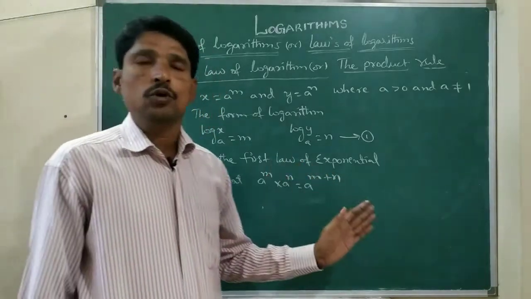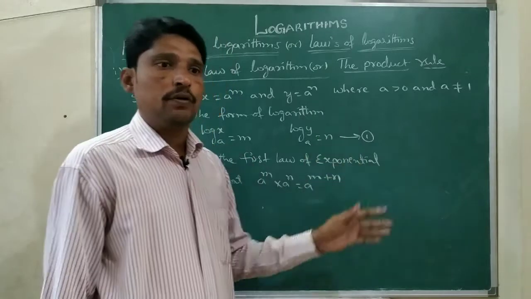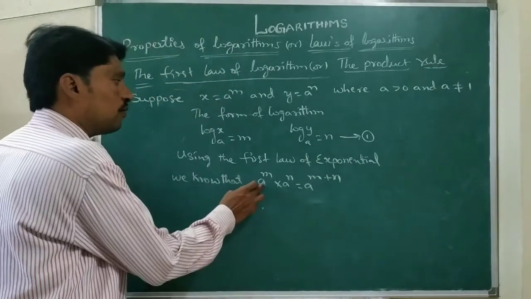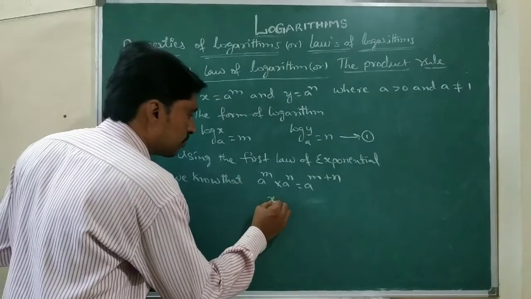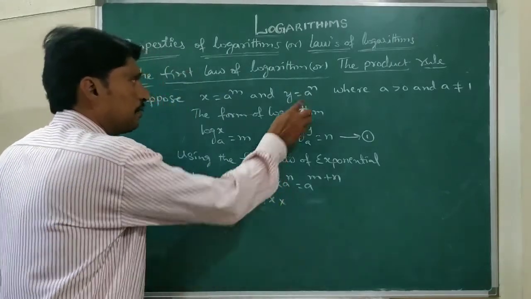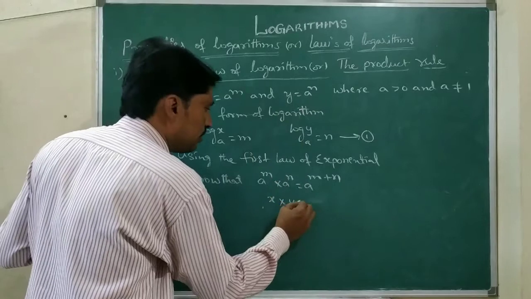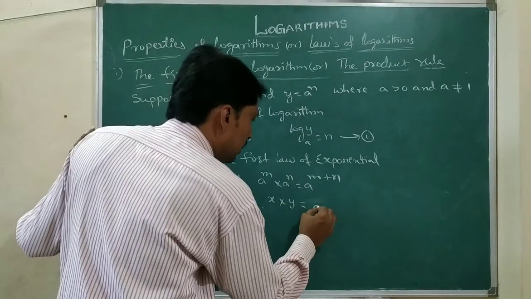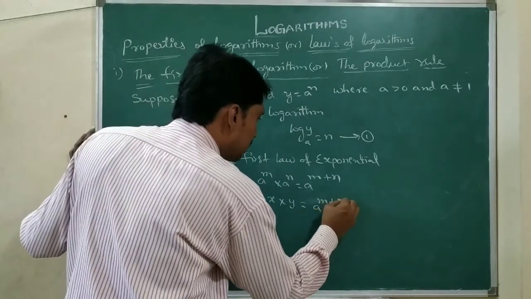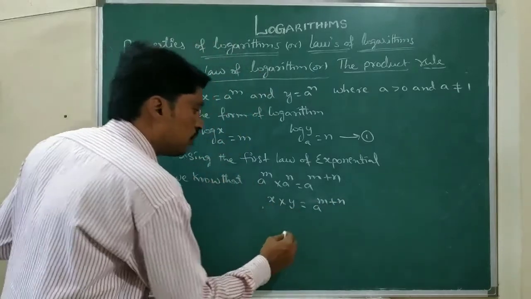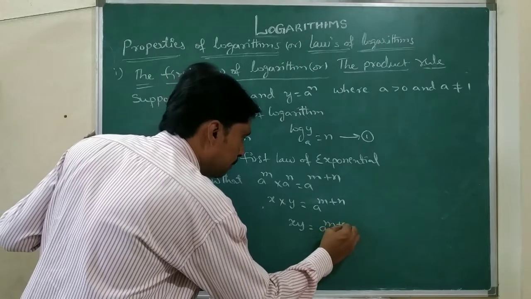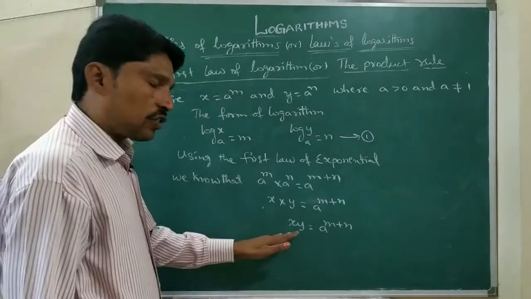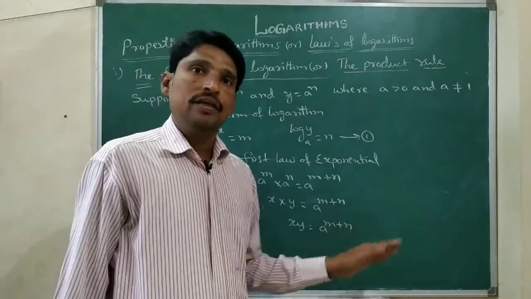So what is a power m? What we took here, x. And a power n means y. So x into y, that is xy, equals a power m plus n.